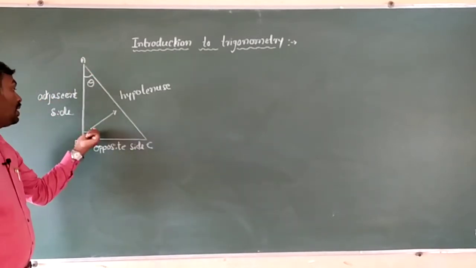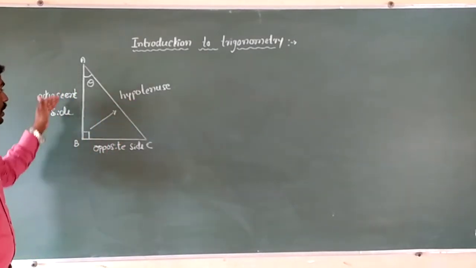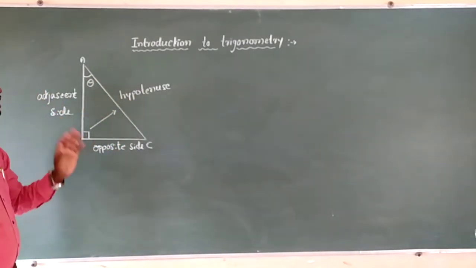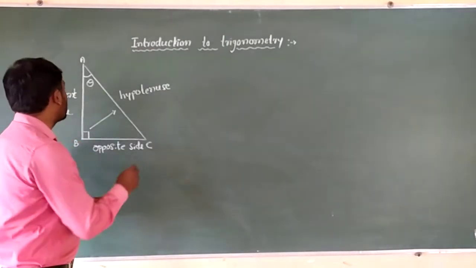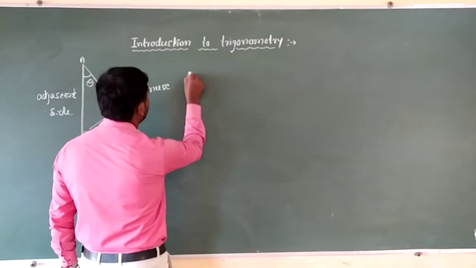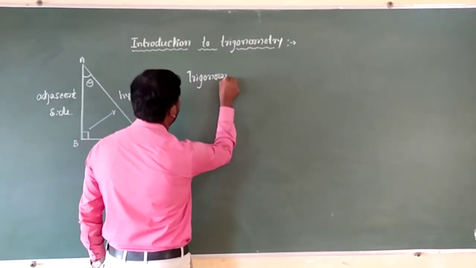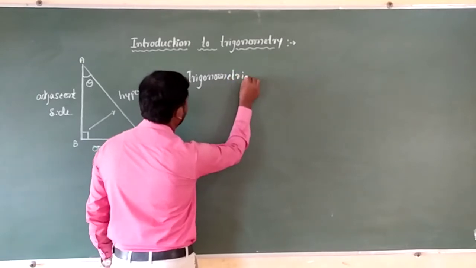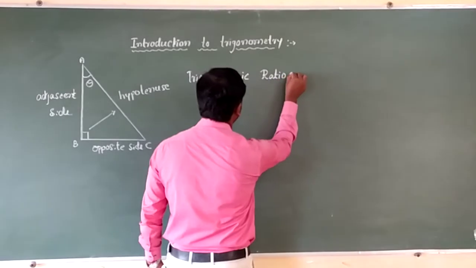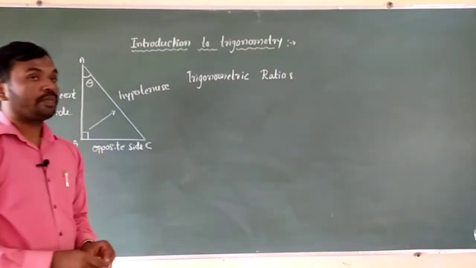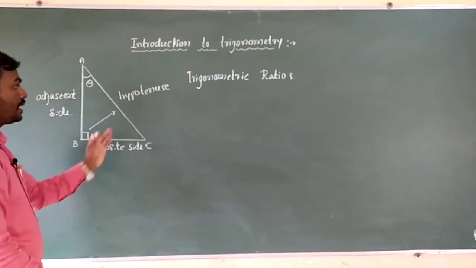And we know that the side opposite to the right angle is always the hypotenuse. With reference to all these sides, we have to find the trigonometric ratios. Let us write the trigonometric ratios using the ratios of the sides of this triangle.